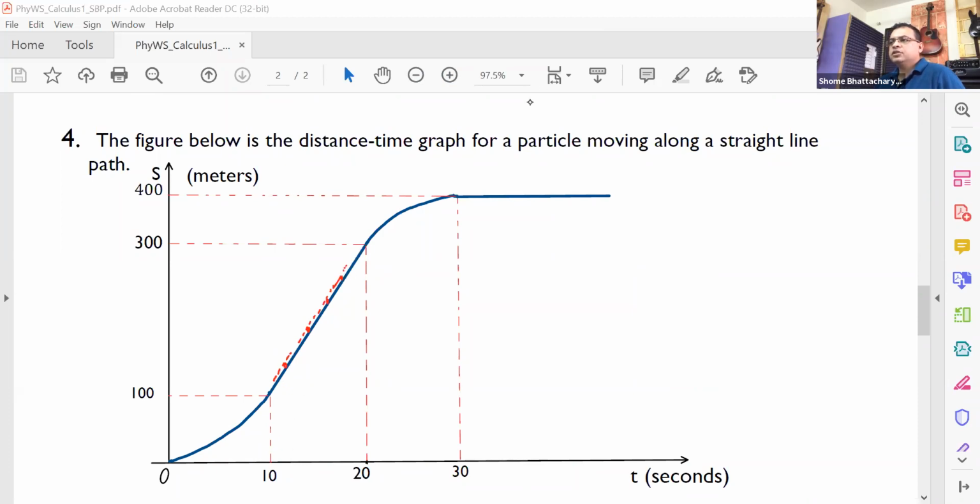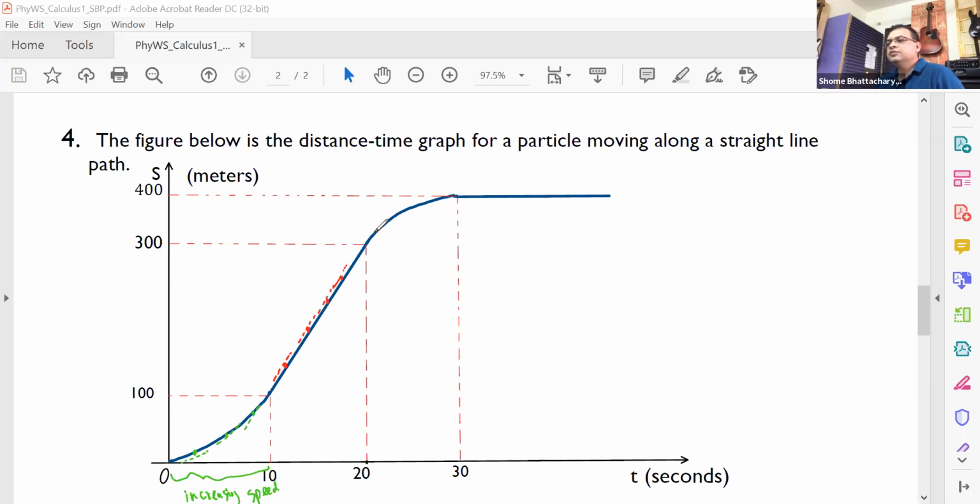But if you draw the tangent at a point like this, and then again at a point like this, and again at a point like this, you can see the slope is increasing. So this part from here to here has an increasing speed, whereas this part we saw has a uniform speed.